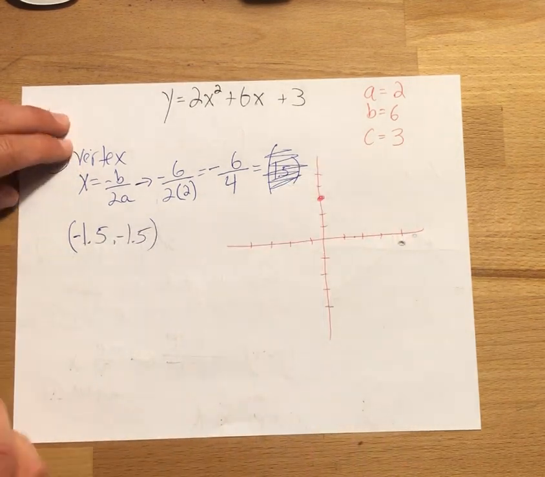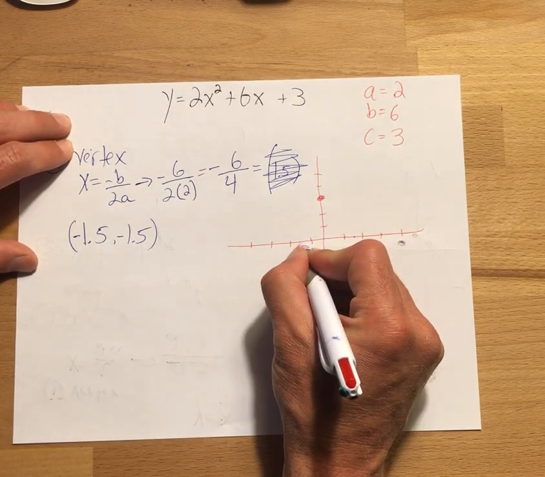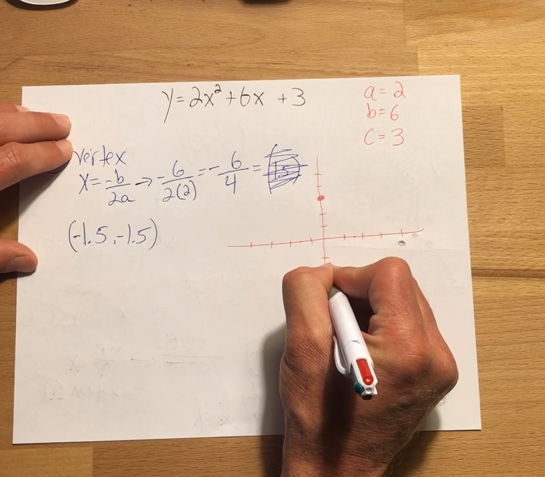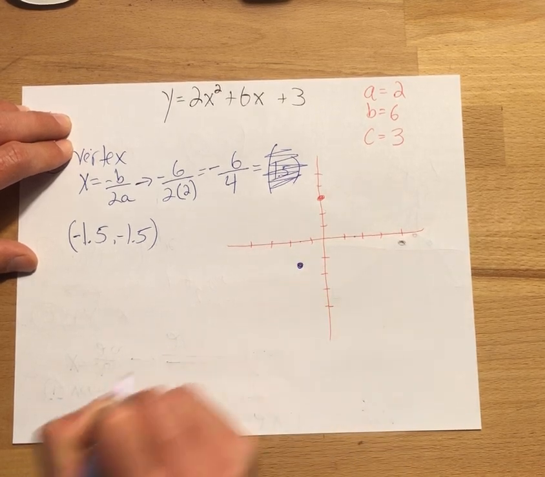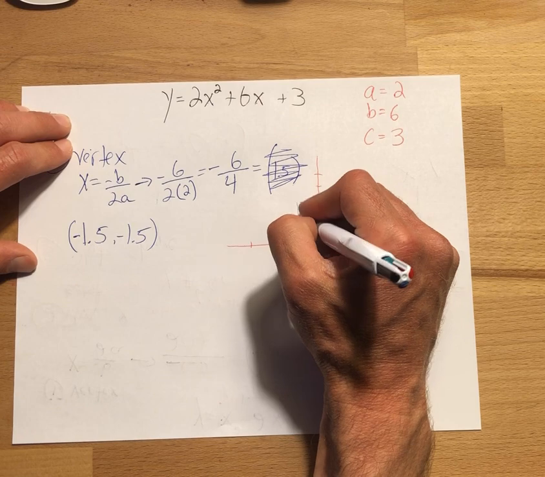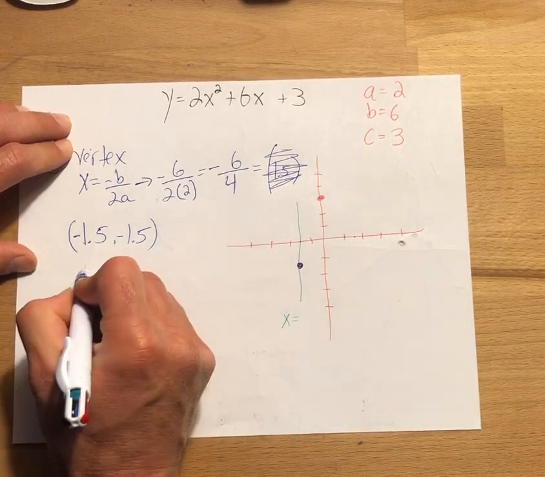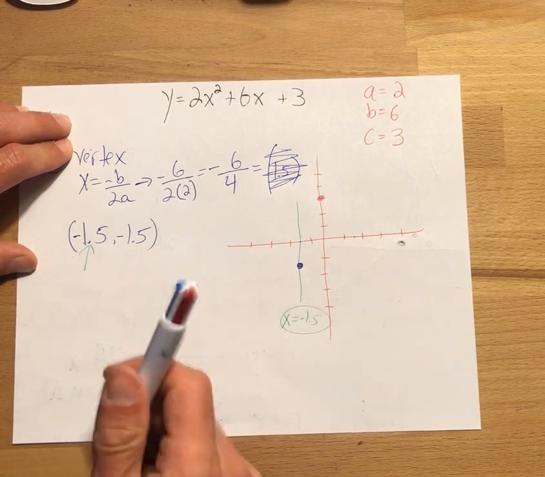So my vertex is negative 1.5 and negative 1 and 0.5, which is going to be right here. There's my vertex. My axis of symmetry is going to be this imaginary line that cuts it in half, which is x equals, it's always your x number, negative 1.5.